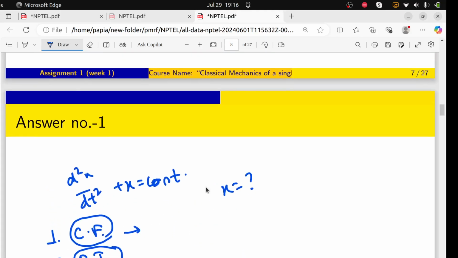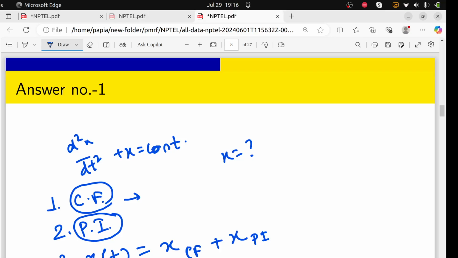Now what is CF, what is PI, and how can we calculate them? For CF calculation, whatever the right hand side is given, I will put as 0.